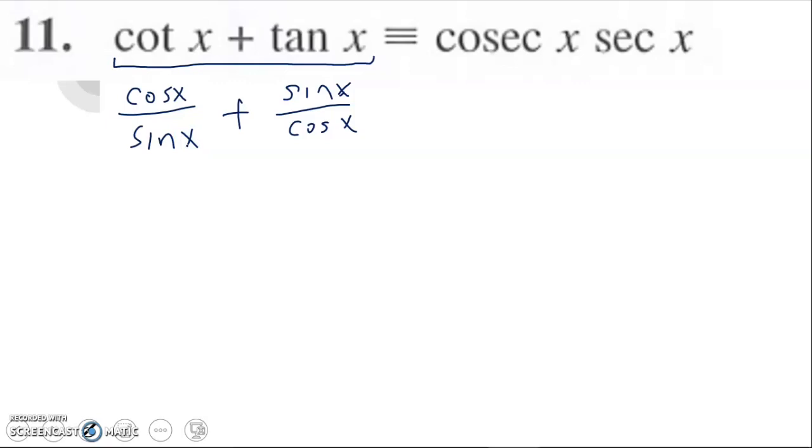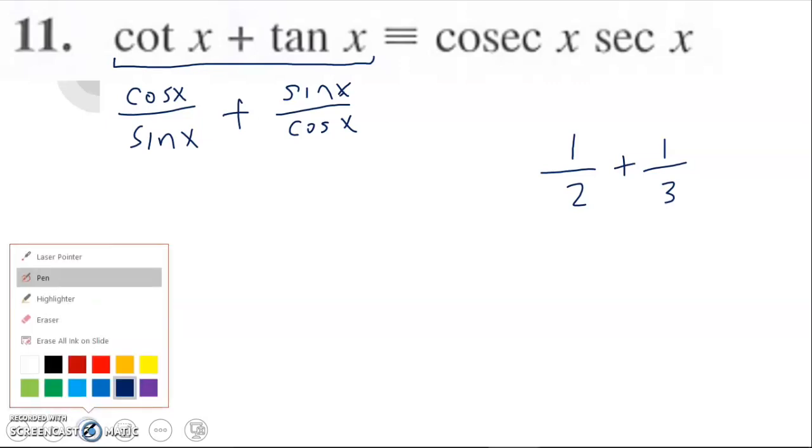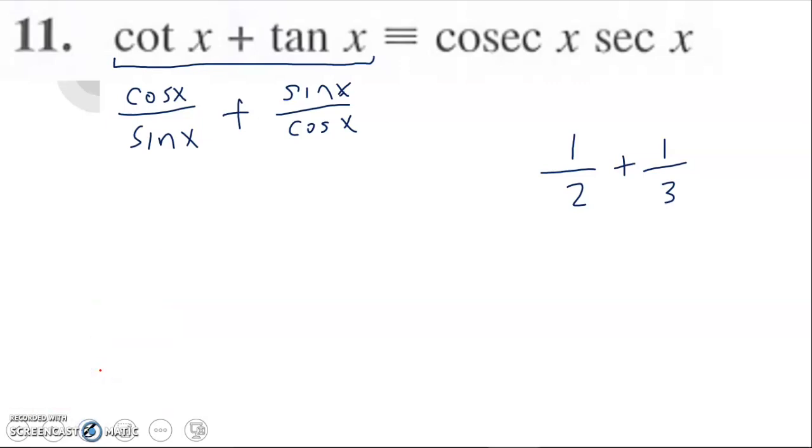Okay? Now you're probably wondering, what can I do now? What I can do now is basically add these fractions together. I cannot add them at this moment since they have different denominators. Like for example, if I have 1 over 2 plus 1 over 3, I can't add those yet until I've changed the denominator, which I would do by finding my least common multiple.